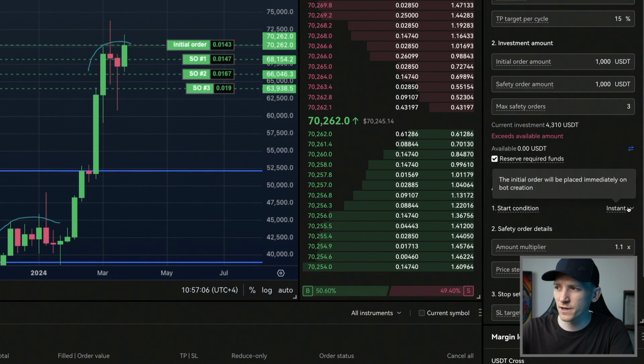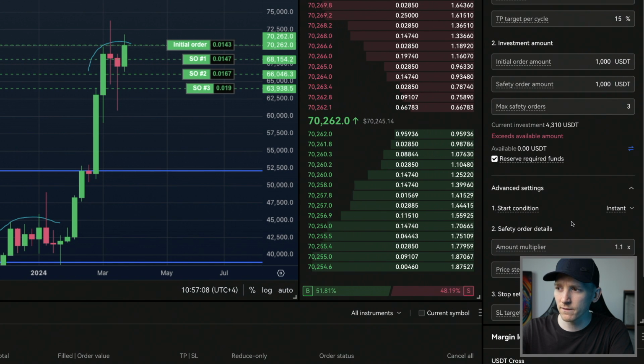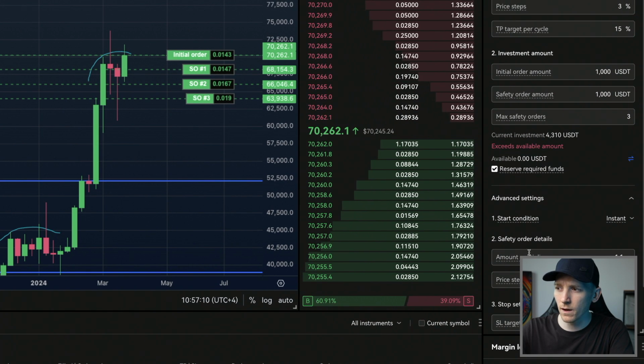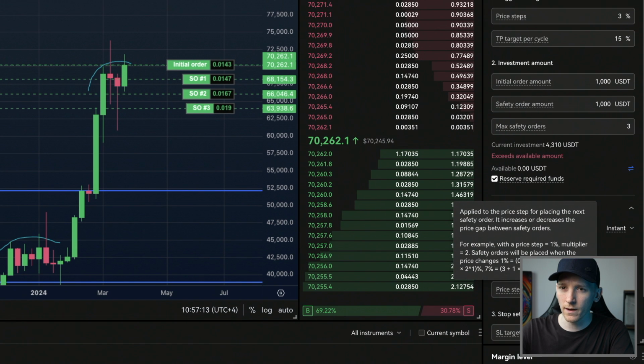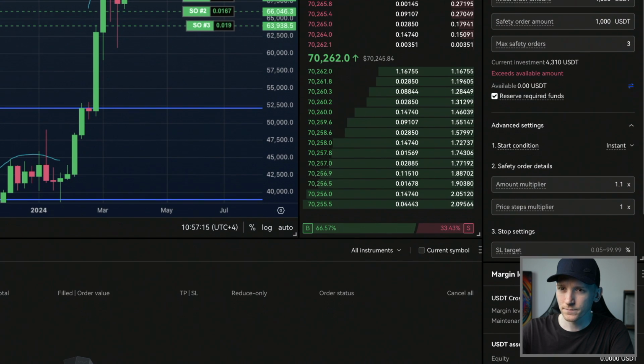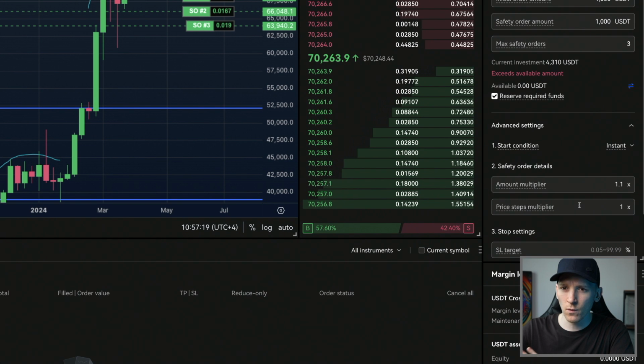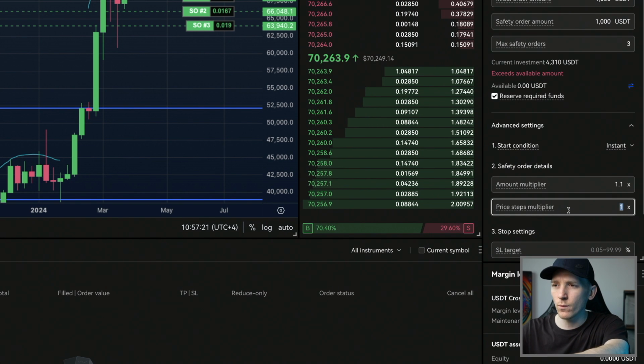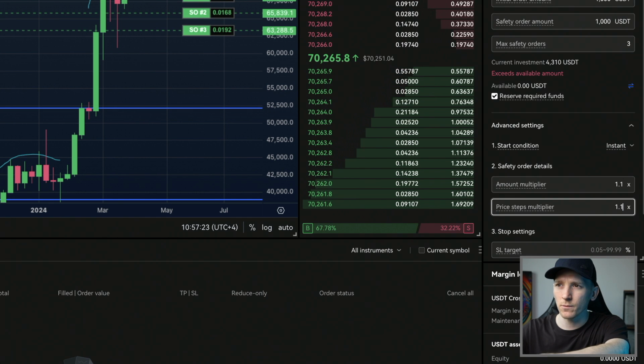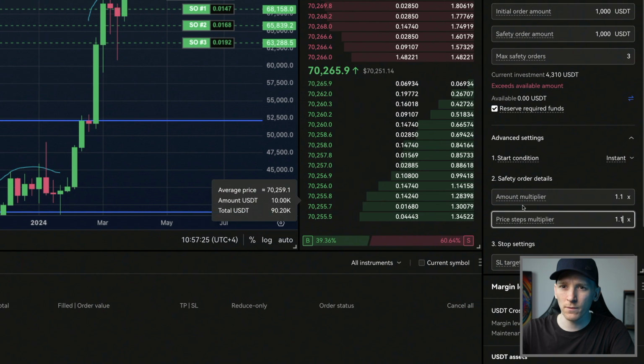So the start condition is instant, so we'll just leave that as it is. Now the amount multiplier and price steps multiplier, you should be able to see above my head. These are important. The price steps multiplier, we'll just leave this at 1, but if I change this to 1.1, you should see the safety orders change a little bit, and they got a little bit further apart.